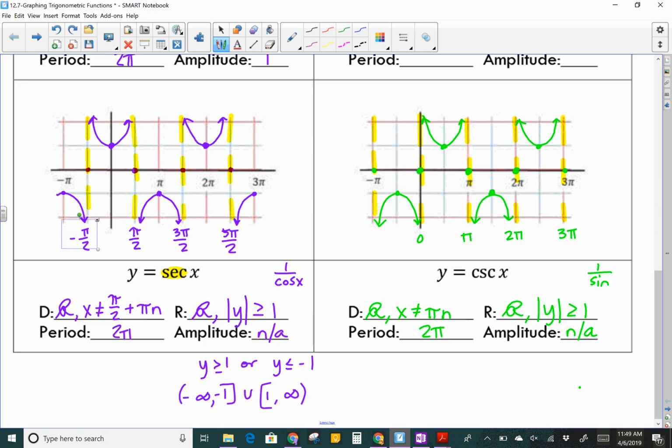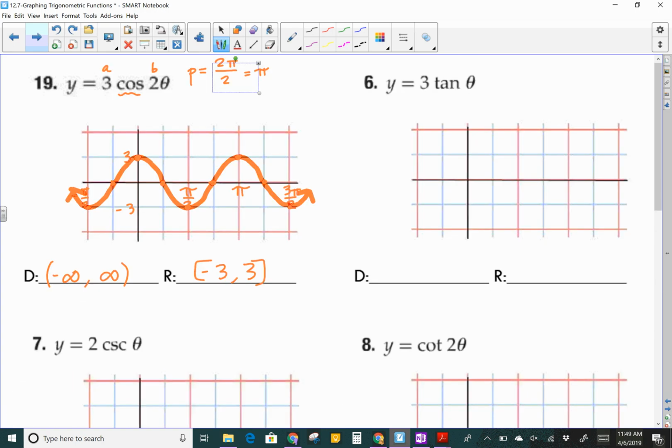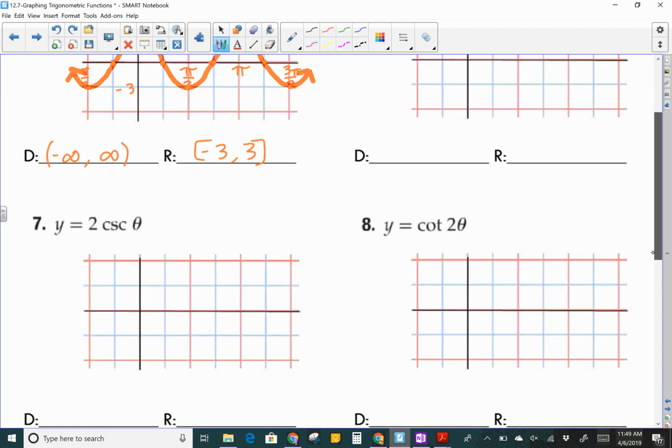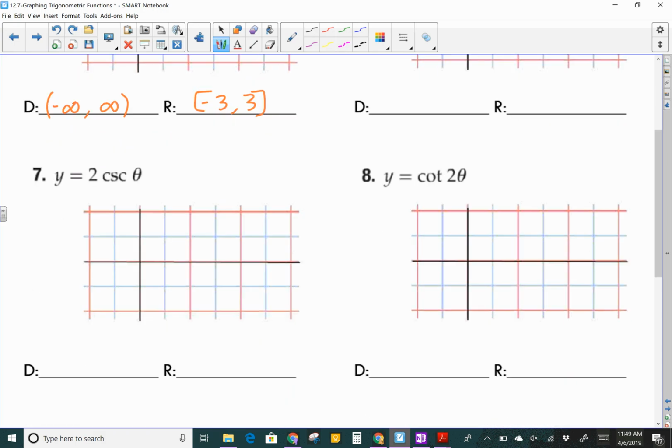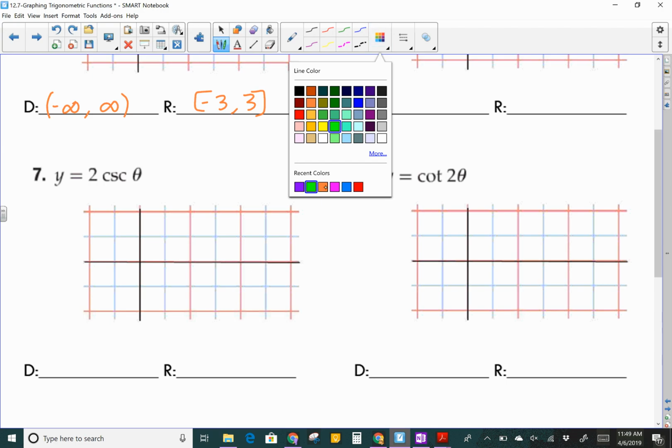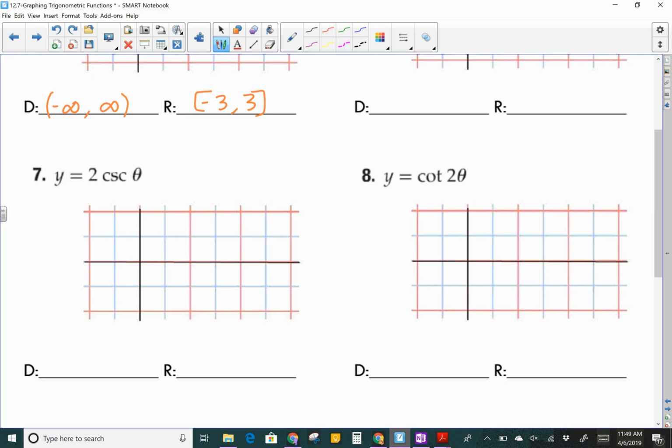Okay, so let's do some examples of those. Same kind of changes that we talked about. I'm going to do y equals 2 times the cosecant of theta. Again, I'm starting with my period. My period is 2 pi over 1, which of course is 2 pi.